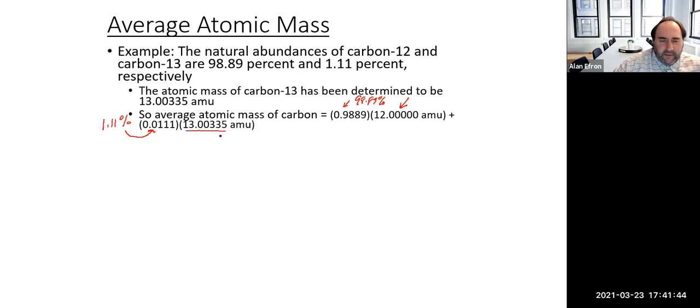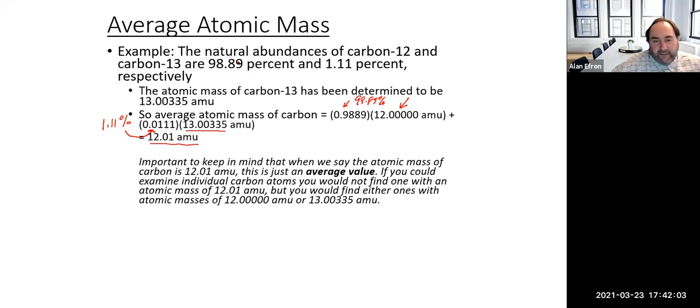That is how we get the 12.01 number we see on the periodic table, 12.01 AMU. It is an average of all the naturally occurring isotopes for a particular element. Any questions on that?